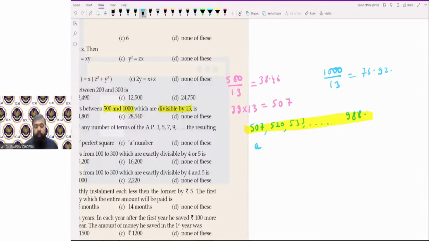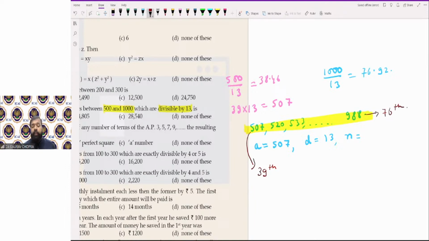So from here, A is 507. The common difference is 13. And then you can calculate N also. How will N be calculated? 507 is the 39th number and 988 is the 76th number.